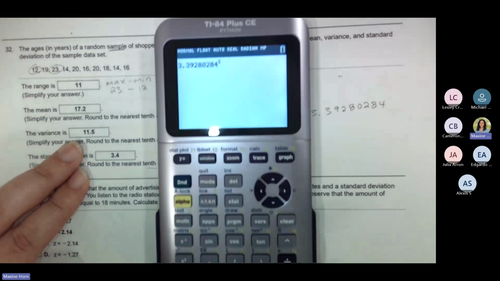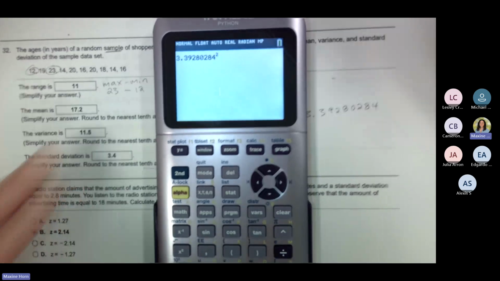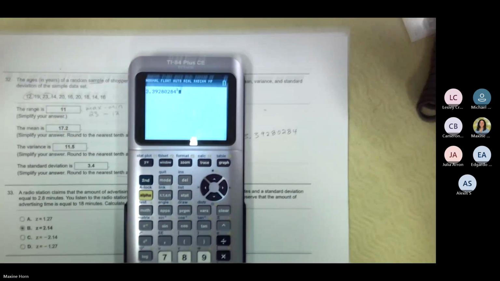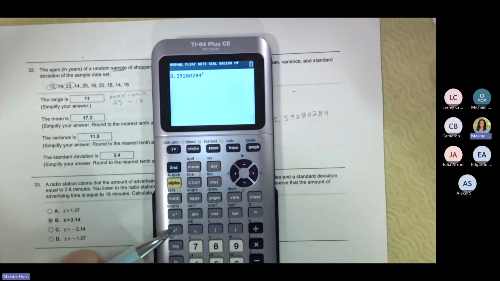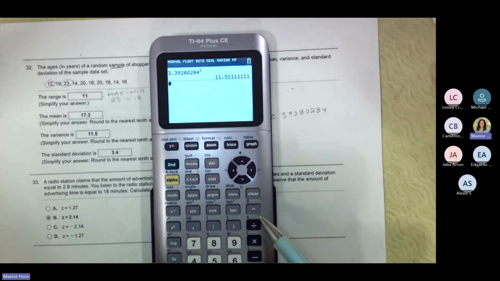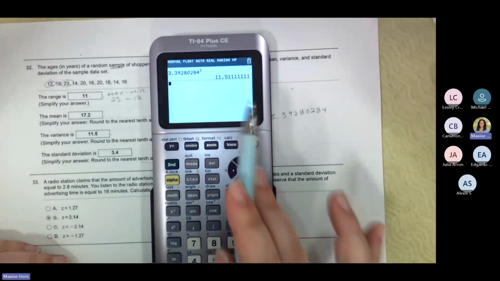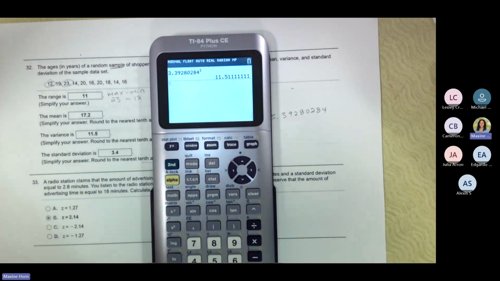On my calculator, the square button is this one right here, x squared. Or you could have done the caret symbol and then hit the 2, the second power. Once we have that number, now we can round. We can round to 11.5. Okay.